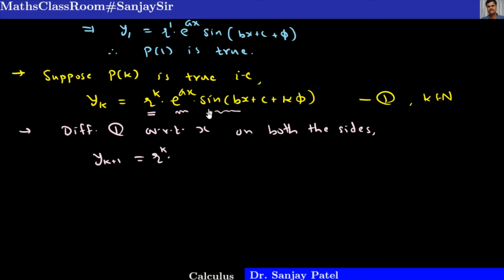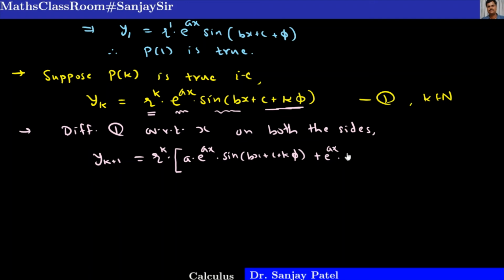So here we apply again the u into v rule, and I will write the derivative of e raised to ax first as a into e raised to ax, and this sine of bx plus c plus k phi as it is, plus e raised to ax as it is, and derivative of sine theta is cos theta, means sine of this thing becomes cos of this thing, and derivative of bx plus c plus k phi, where c and k phi are constants, derivative of this will be 0 and derivative of bx is b only.